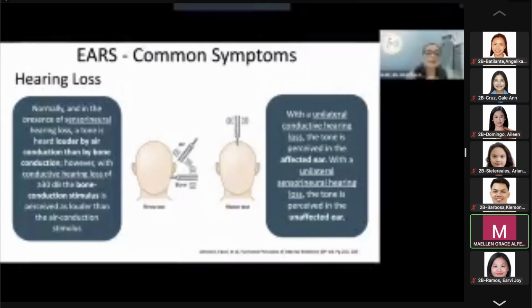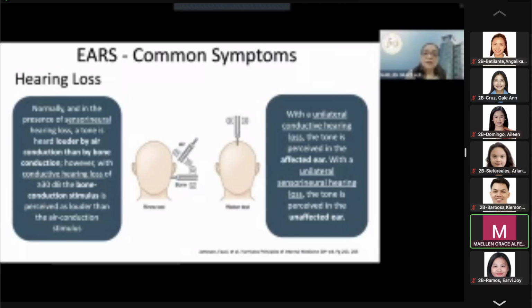However, if it is a sensorineural hearing loss, it would be air conduction greater than bone conduction as what you hear in normal, because it is not the bad ear that is perceiving the tone produced by the fork, but it is the normal ear that perceives the tone produced.